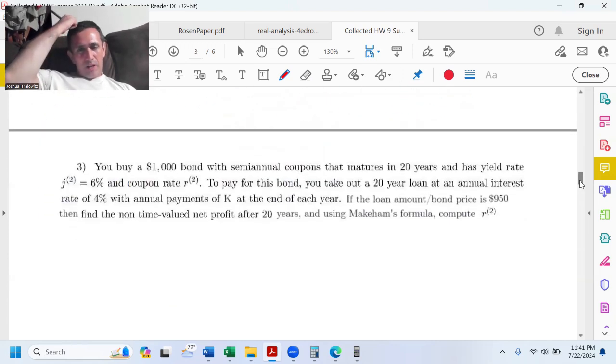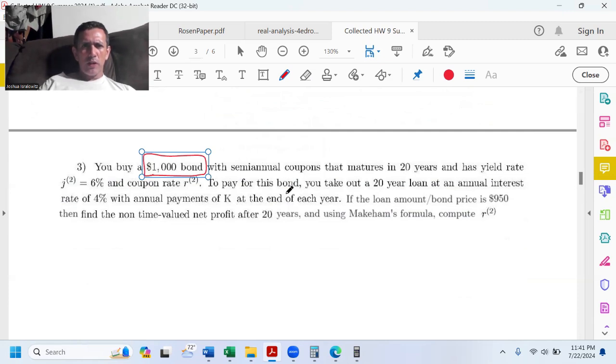But okay, a lot of weird answers for this problem. You buy a $1,000 bond. Remember that means the face value is $1,000. Semi-annual coupons, 20-year maturity, yield rate 6%, coupon rate R2. To pay for this bond, you take out a 20-year loan, 4% interest, annual payments K. So let's first of all get what K is.